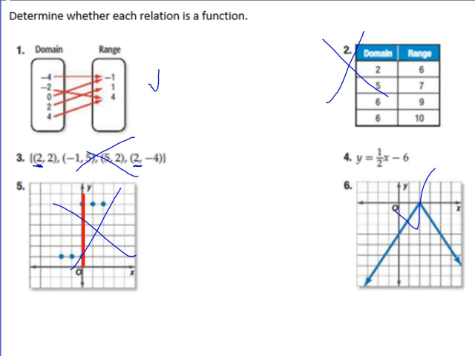If you were asked for the domain and range of these, you would just list the numbers. So the domain would be -4, -2, 0, 2, 4, and the range would be -1, 1, and 4. You're going to see them written in brackets like this, so it would be just a list: -4, -2, 0, 2, 4, and they would have brackets. So that would be the domain.